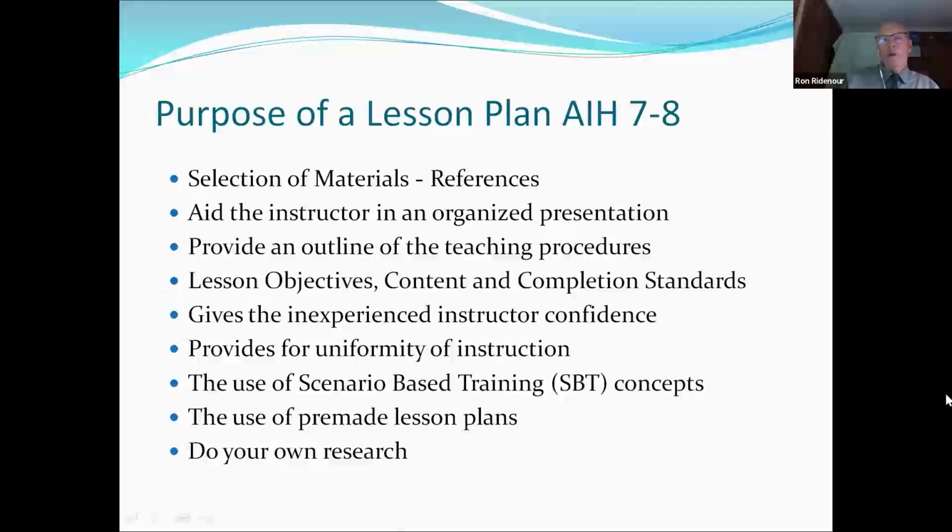I think references are a really important aspect of teaching, because if you don't have references that you can point your students to, it basically becomes your hearsay of knowledge, versus the knowledge that the FAA or whoever wants you to learn.